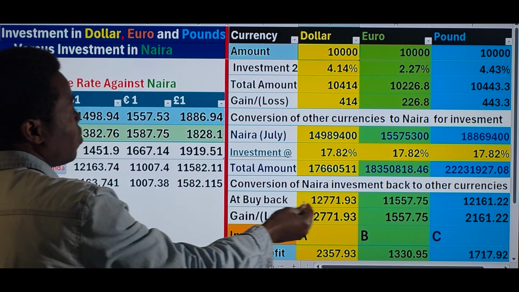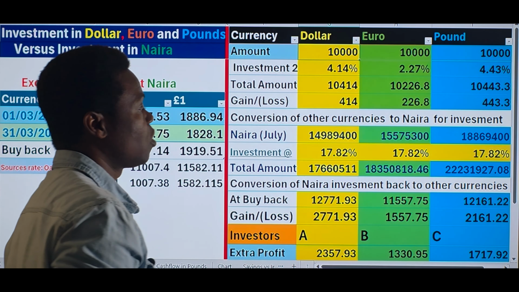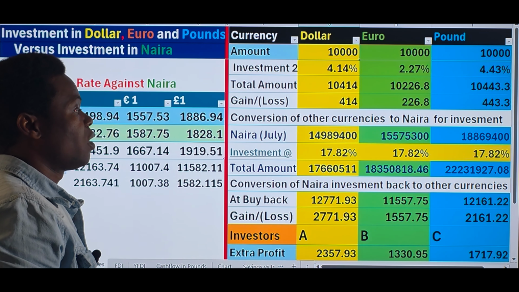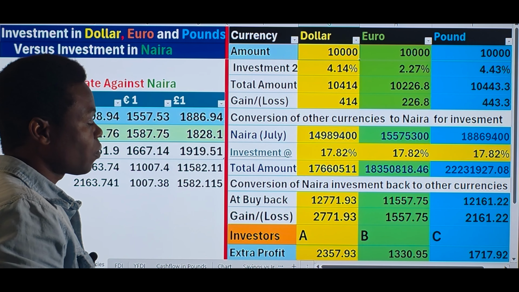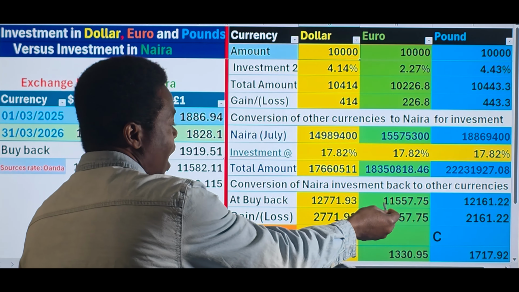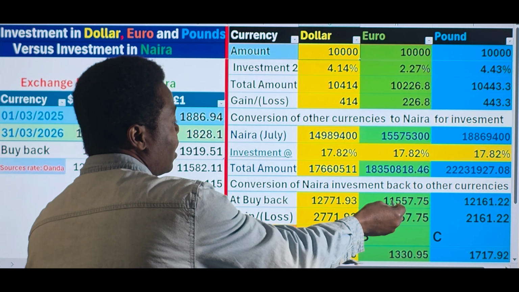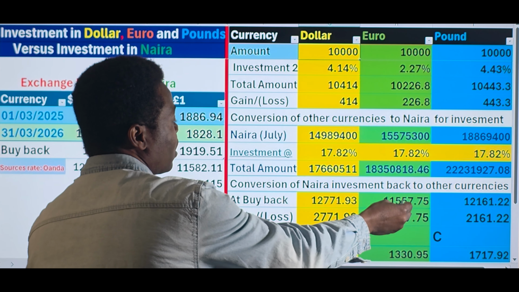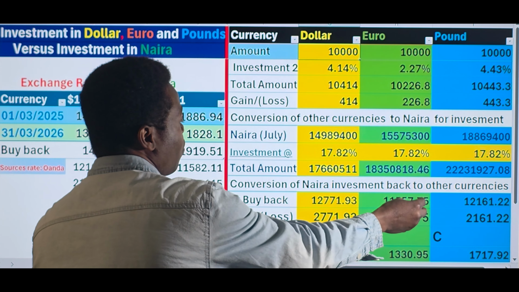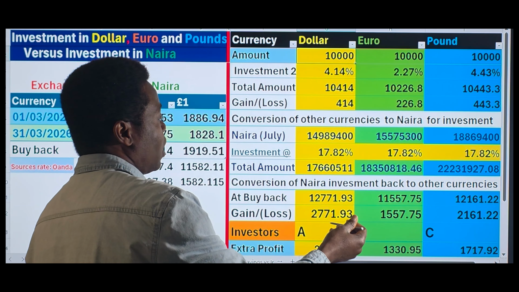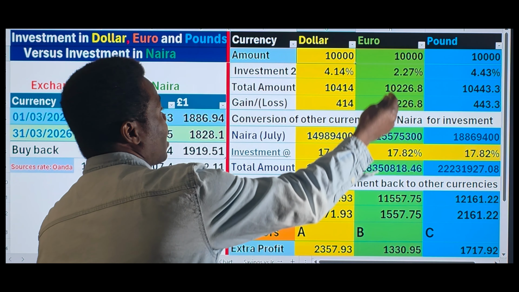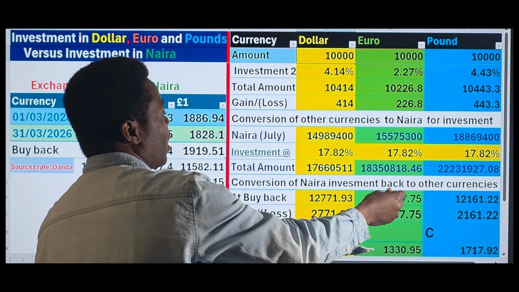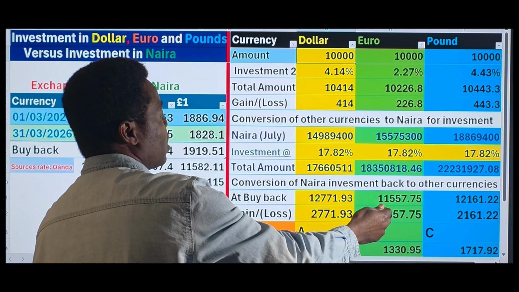You use this amount to divide this 18,350,818.46 naira. It will arrive at 11,557.75 euro.